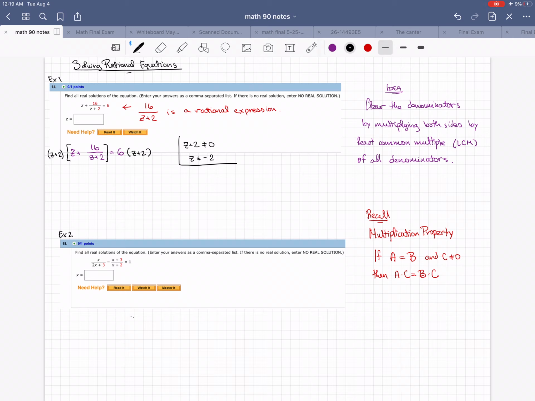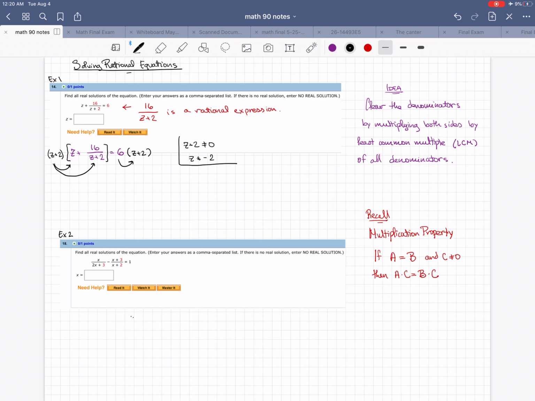But if at the end of the whole cleanup solving process, I end up with negative 2 as a possible solution, I go back to this and I say, nope, negative 2 is excluded because when z is negative 2, I'm multiplying both sides by 0, which is not possible. All right, so let's see what happens. So again, if negative 2 turns out to be a possible solution, we have to kick it out. All right, so we're going to distribute here.